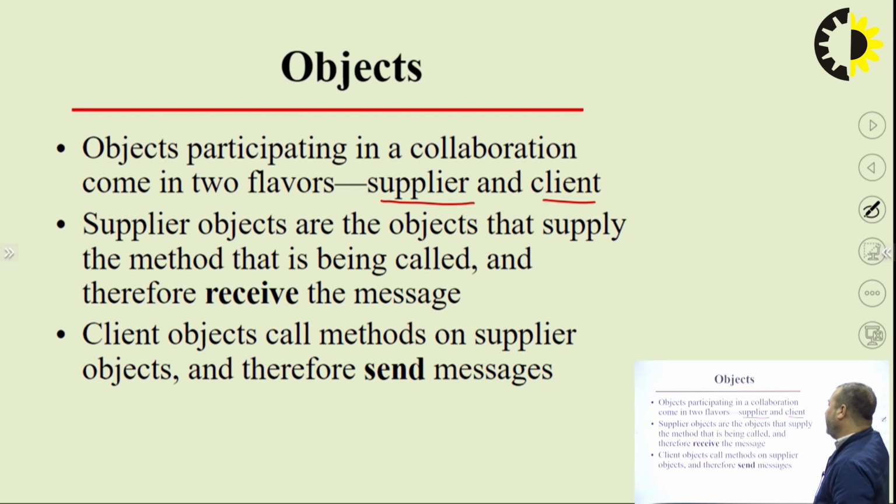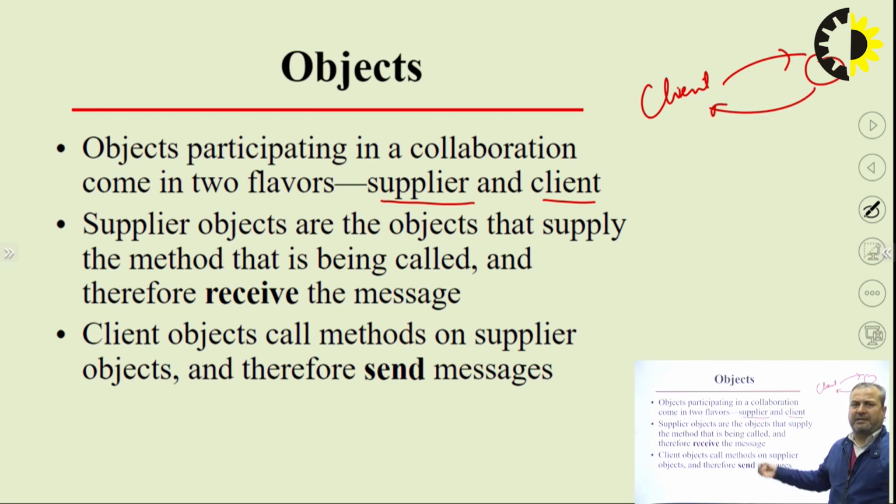Client objects call methods on supplier objects and therefore send messages. We can compare it to client-server architecture. The client requests, the server invokes the request and responds to the client, just like that.